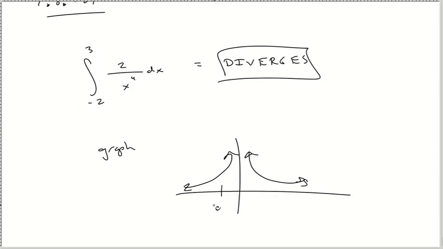They're wanting the area from -2 all the way to 3. So they want all this area here, and all this, and all this. And it looks like it's getting pretty close to 0. I mean, do you think maybe it actually ends up being that way?